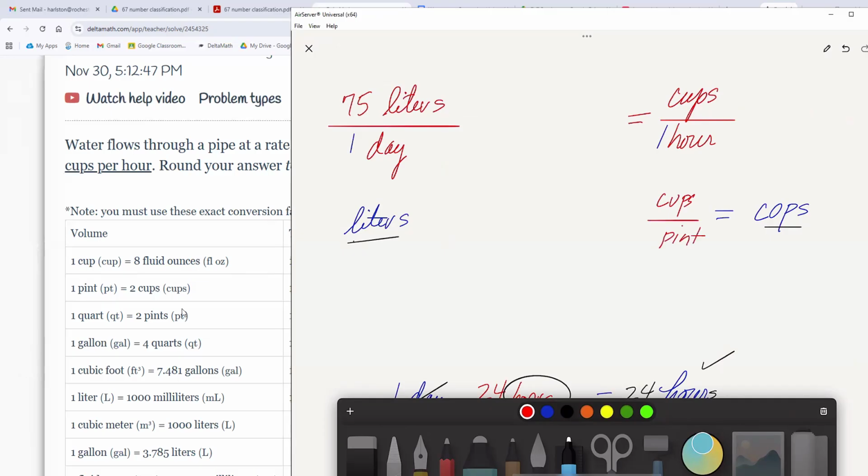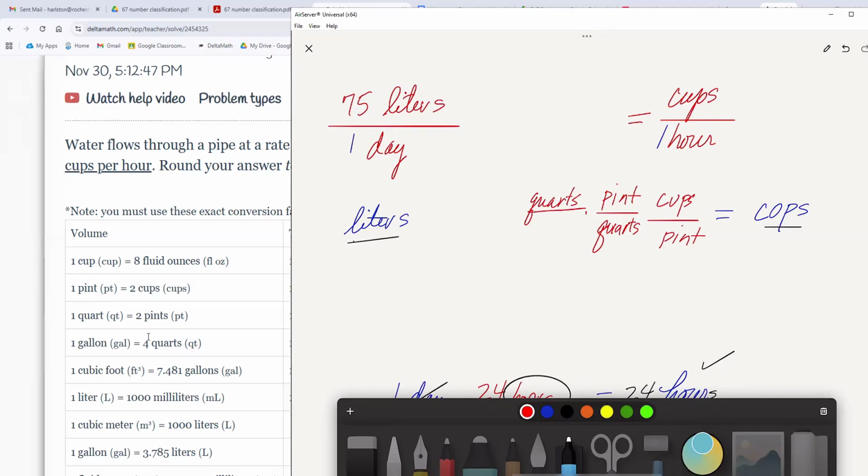And then I'm going to go from pints to quarts. So this is going to be 1 quart is equal to 2 pints. So I'm going to put quarts down here. And then I'm going to go from quarts to gallons. So it says 4 quarts to gallons. And notice I'm not putting the numbers in because the numbers don't matter at this point.